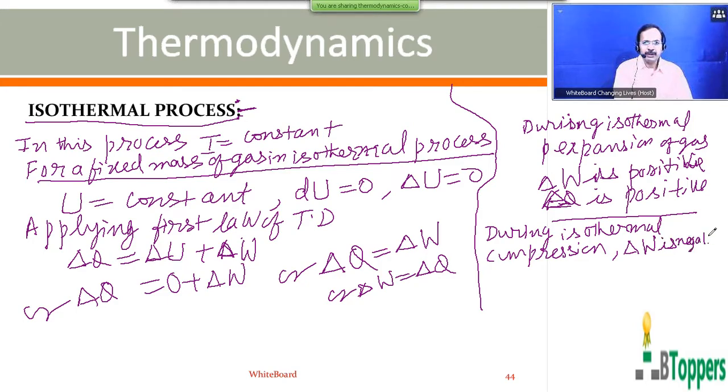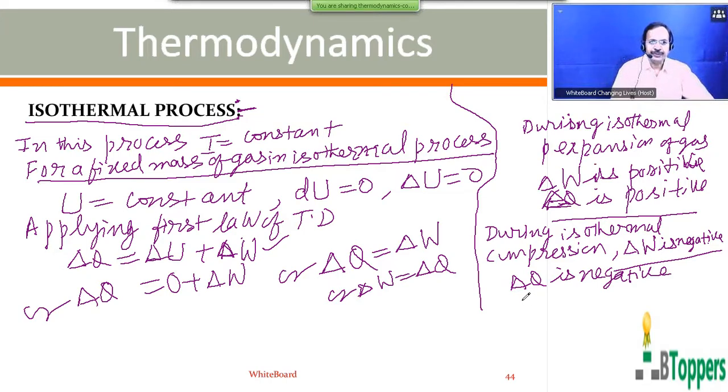Whenever the volume of a fixed mass of a gas decreases in any process, we can say that work is done on the gas, and delta W is negative. That means delta W in the equation for the first law of thermodynamics, which represents work done by the system, will be negative. So delta Q is also negative. Delta Q is negative implies that heat energy is lost by the gas.